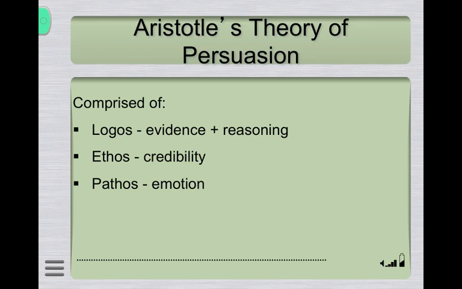Elaboration likelihood didn't account for credibility. It really just focused on the evidence and the emotion, right? But Aristotle said, well, but if you're not credible, there's no way that you can persuade somebody. In fact, if you didn't tell them why you were credible, you would miss out on an opportunity.